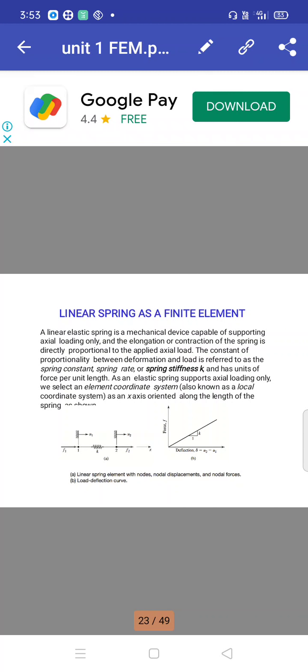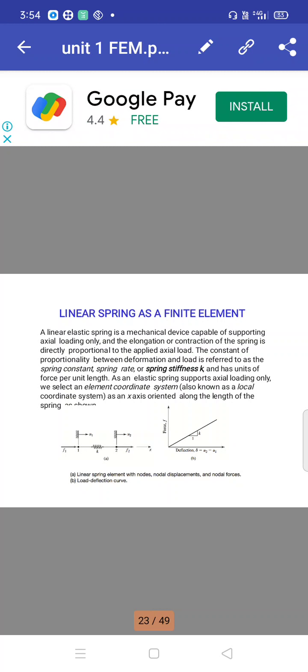Linear spring as a finite element. A linear elastic spring is a mechanical device capable of supporting axial loads only, and elongation or contraction of the spring is directly proportional to the applied axial load. The constant of proportionality between the deformation and load is referred to as the spring constant, spring rate, or spring stiffness, and has units of force per unit length.